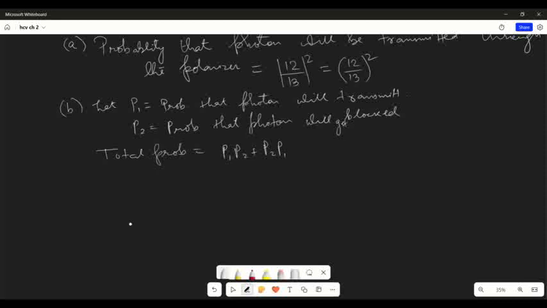We can write it as 2 times P1 and P2. So this will be 2 times 5 by 13 square and 12 by 13 square. So this will be our answer.